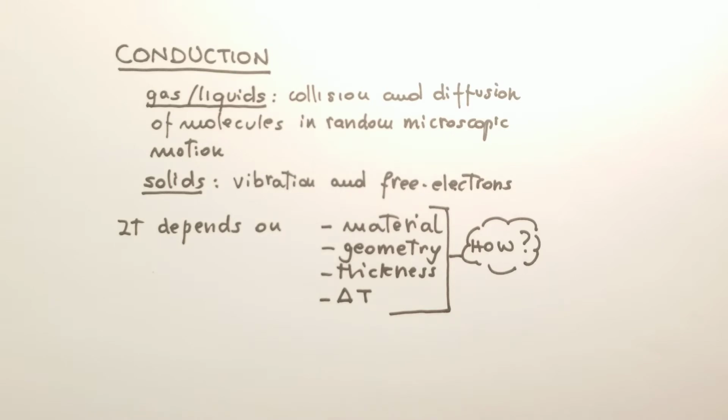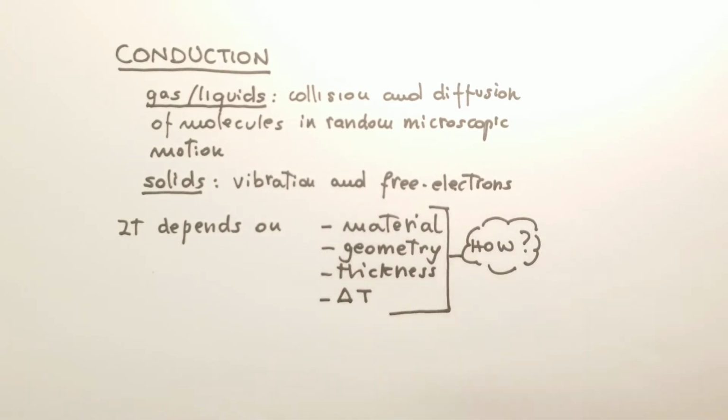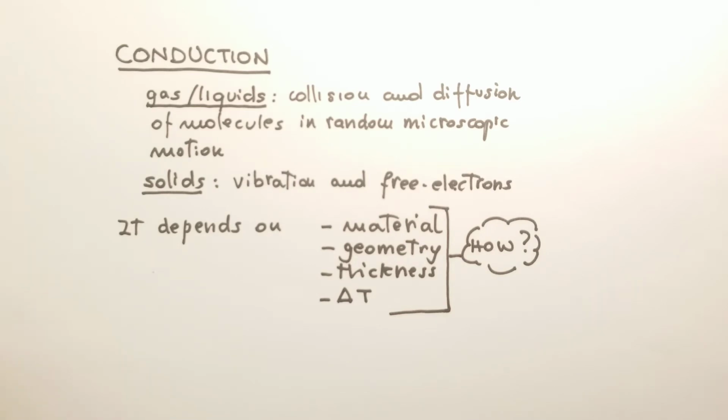Conduction depends on the properties of the material, on the geometry, on the thickness of the material, and of course on the temperature difference. So the question is how conduction depends on these quantities.